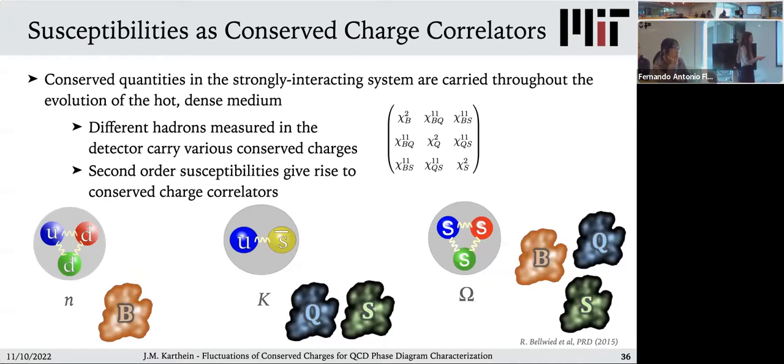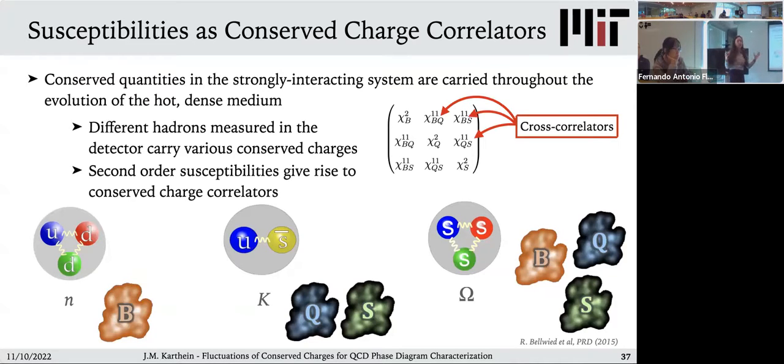But if I look at all these off-diagonals, then I consider cross-correlators between these different conserved charges. And if I am very keen, I can try to figure out which hadronic species are actually contributing to each of these cross-correlators, because the different species carry different conserved charges. So for example, a kaon is going to carry both charge and strangeness, while an omega is going to carry everything that I can throw at it, basically.